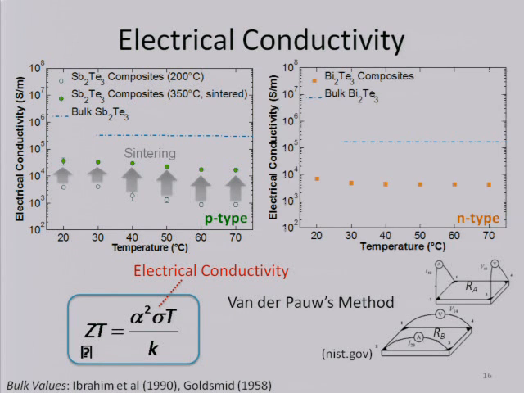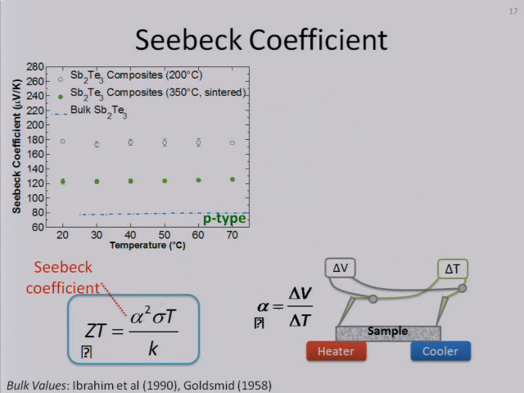If we look at the other element, the bismuth telluride, then unfortunately sintering doesn't help here, so we're more than an order of magnitude below the bulk conductivity. Nevertheless, we persist because we have an inexpensive process, so maybe we could just make more of these materials rather than trying to improve their properties.